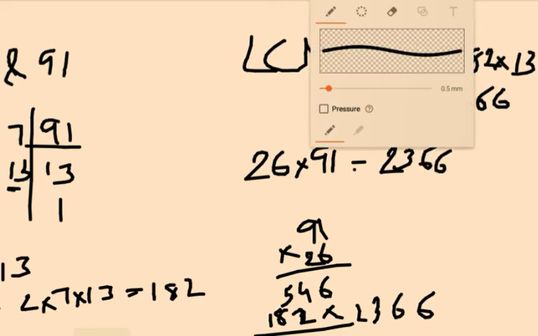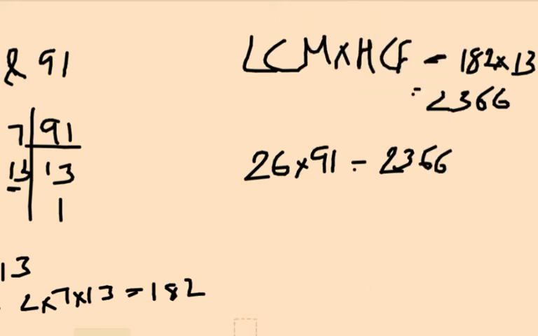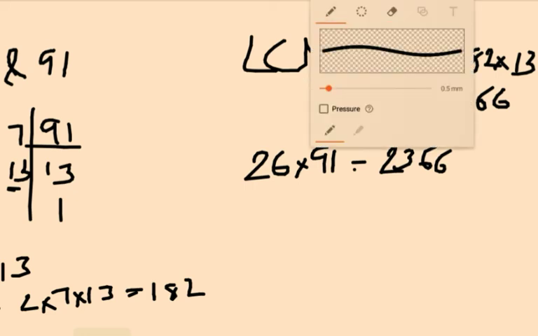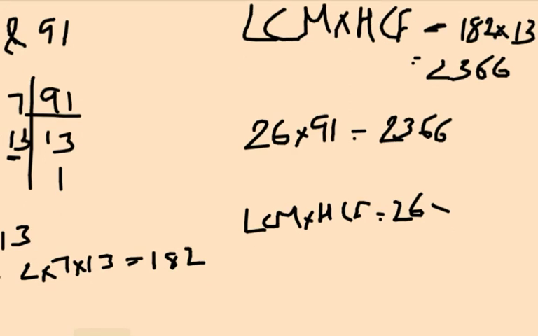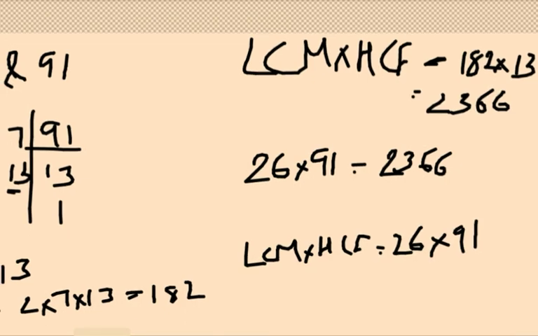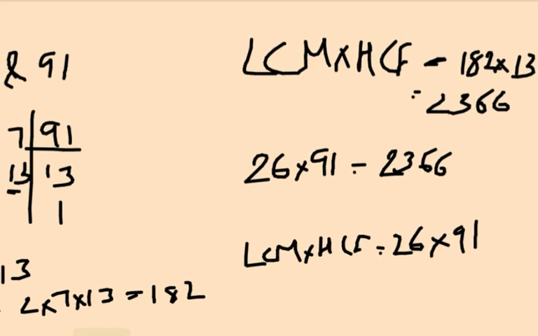Now the product of LCM and HCF and the product of the given numbers is equal. So we can write LCM into HCF is equal to 26 into 91. So this was easy. Let's go to the next question.